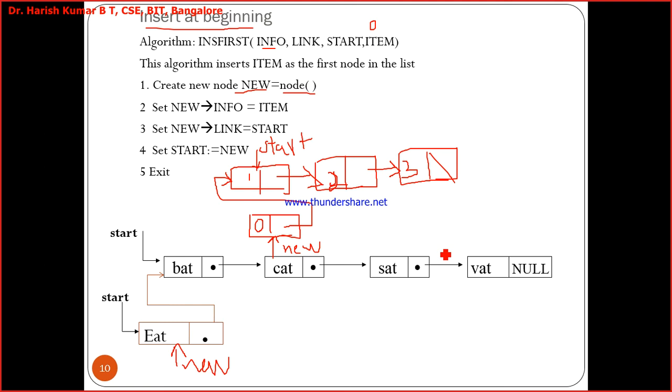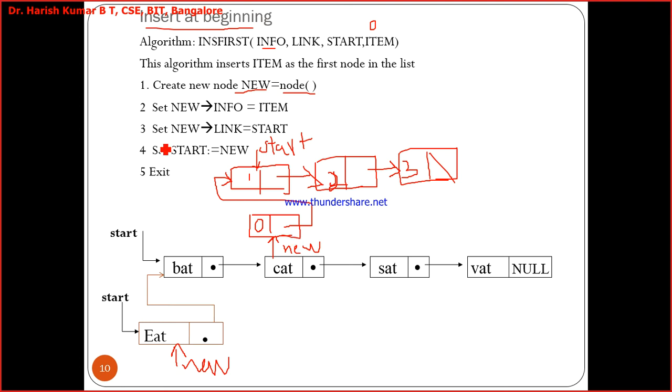Next, this node is no longer the beginning node or starting node of this list now. Yes or no? Start should always point to the beginning node. Now this is the beginning node. To make start point to this: start was holding the address of this node, and now you have to make start hold the address of the new node.